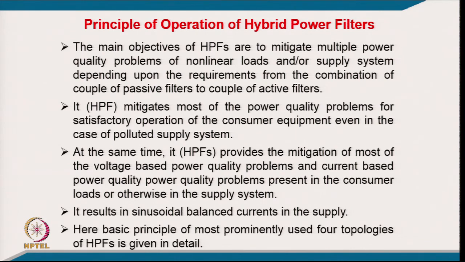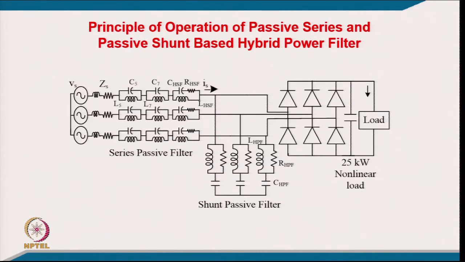Here the basic principle of the most prominently used four wire topology is given in detail. So, here it is two passive filters, series and shunt. This is the passive series and this is the passive shunt, and of course we look into this interesting topology which we designed, developed and patented also, and it really gives very good performance.